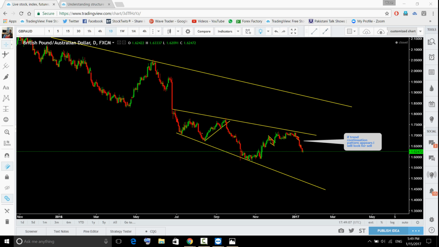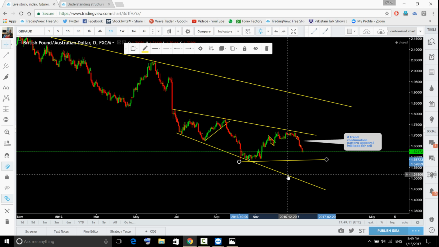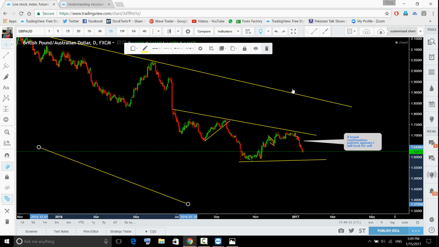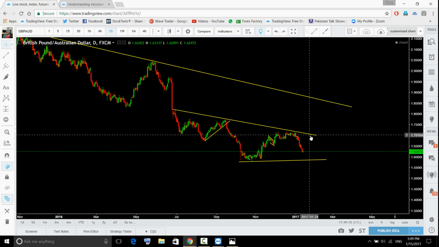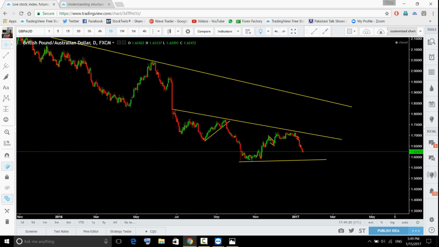It can form something like this and rise from the previous low. Once price hits the bottom, we will look for the reversal.